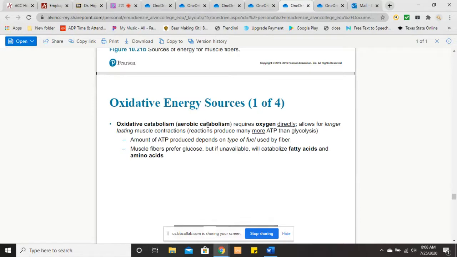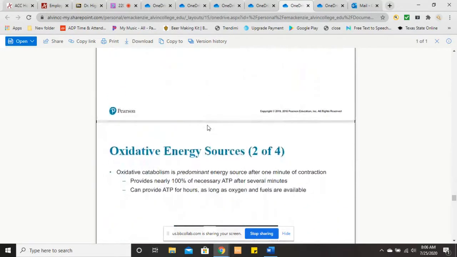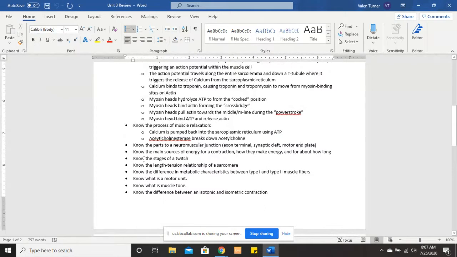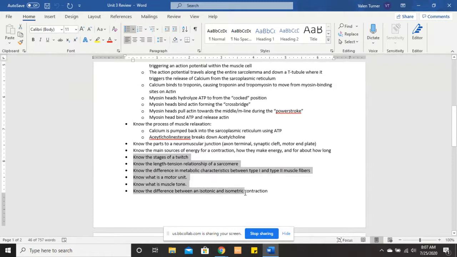And this will give you energy for hours because this results in a lot of energy production. All right. So those are your sources of energy. And how long? Creatine phosphate for a couple seconds, glycolysis for about a minute, and aerobic metabolism or aerobic respiration for hours.